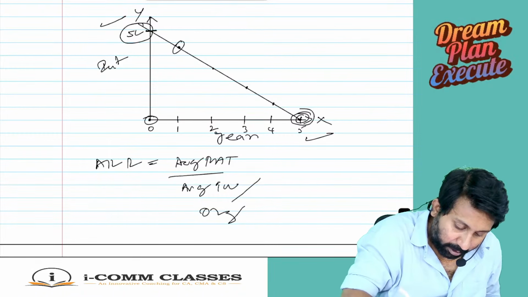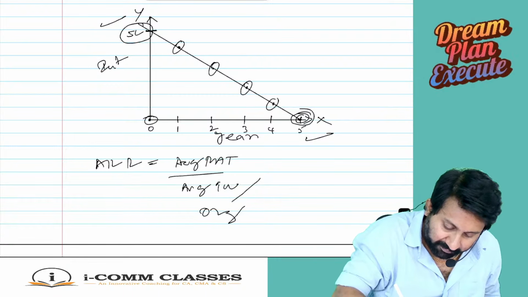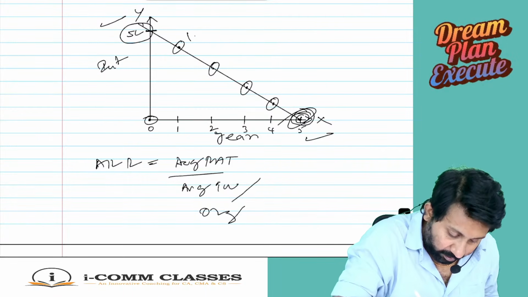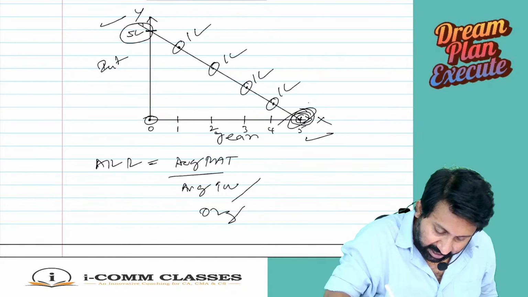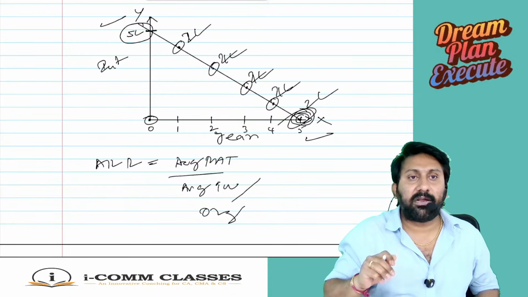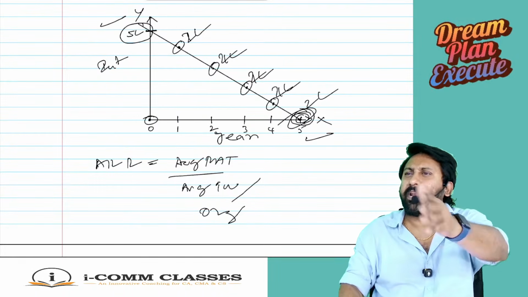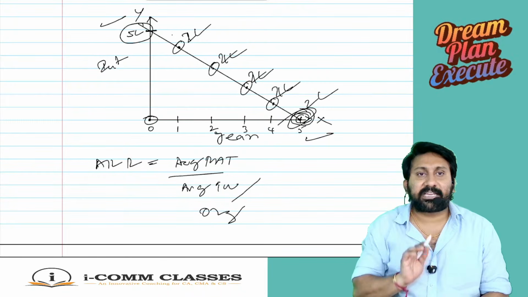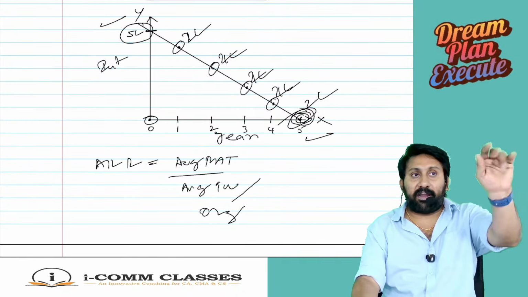I will get a profit here, here, here, here, and also here. Let us take a higher profit amount: 2 lakh, 2 lakh, 2 lakh, 2 lakh, and 2 lakh. It is just an example; some number will come, but we will take a uniform number. I am getting five 2 lakhs.